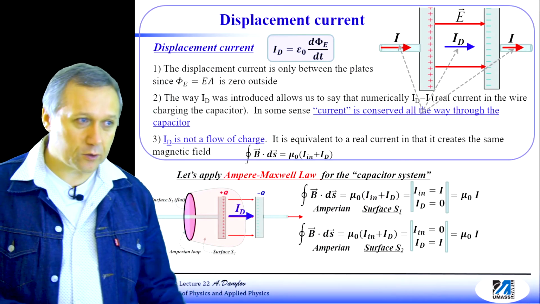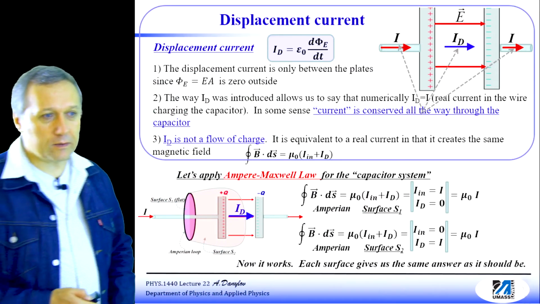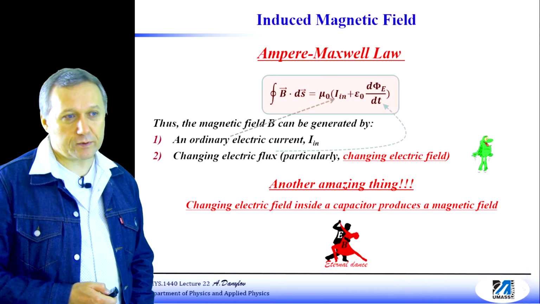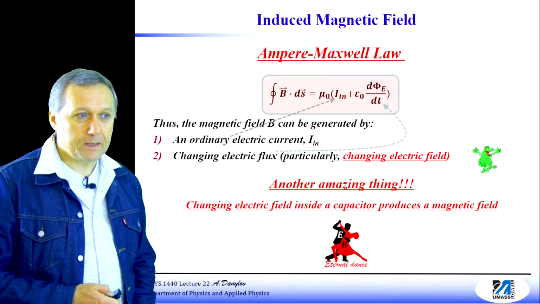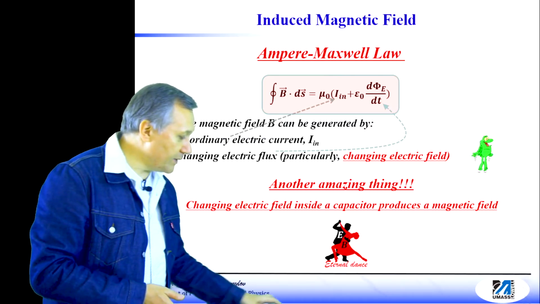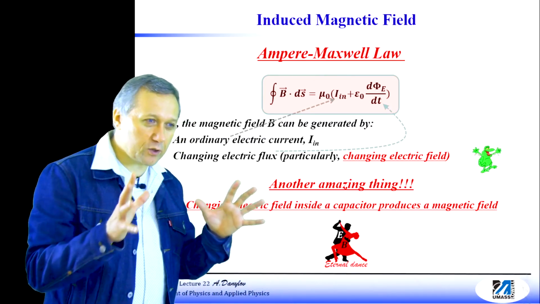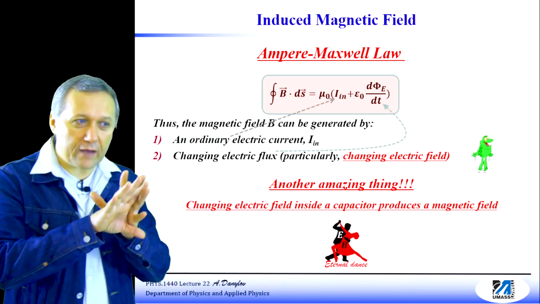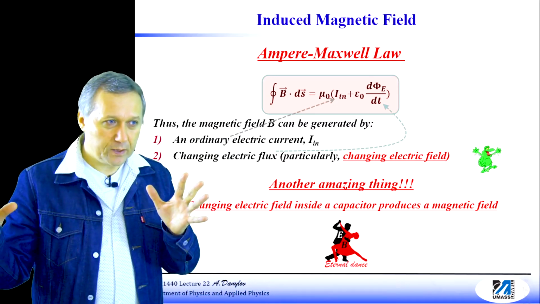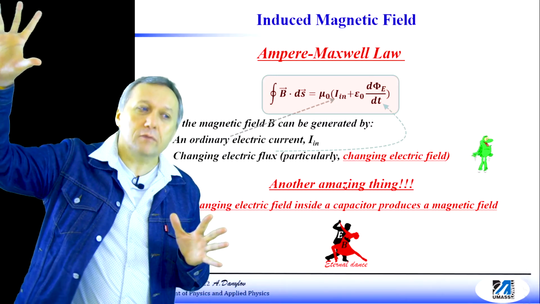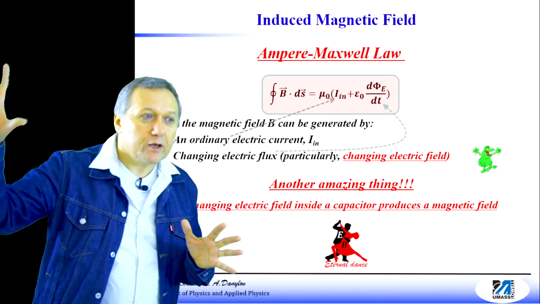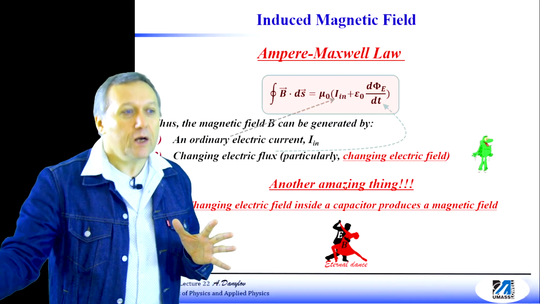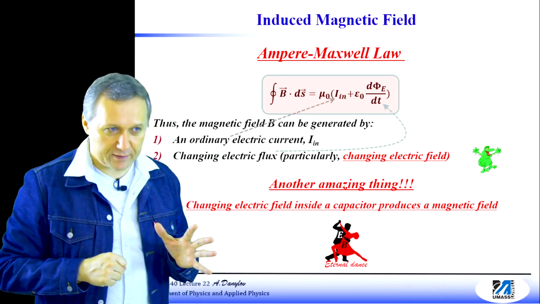Great. And so now we have this final form of the Ampere-Maxwell law. And you remember in the previous class, I emphasized the structure of all these Maxwell's equations. They all have similar structure. On the right-hand side, we have sources which produce fields shown on the left-hand side.